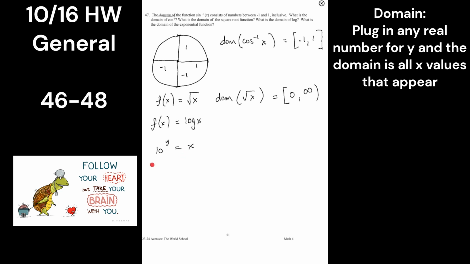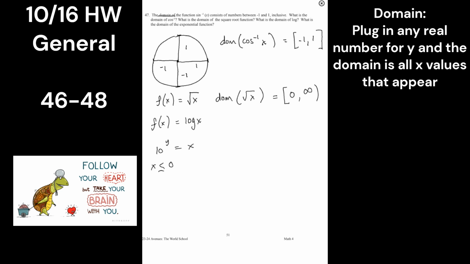If x is less than or equal to 0, what y value does that make? Well, you could plug in any y value. If y is 0, 10 to the 0 is 1. If you go lower, let's say negative 2, it just turns into a fraction. It's still positive. It cannot be 0 or negative. You can just plug in random numbers, or even graph it.